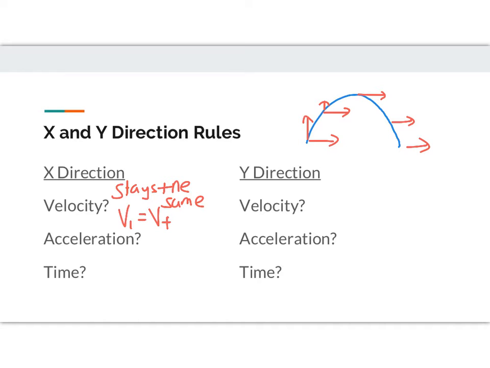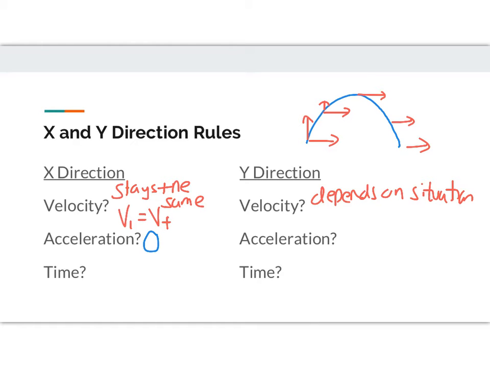However, my y direction depends on the situation. If we are firing something only in the horizontal, we are only going to have a horizontal velocity. When we're throwing something at an angle, we'll have velocity in the x and the y. So it really depends on the situation. For acceleration, in the x direction, there is zero acceleration.